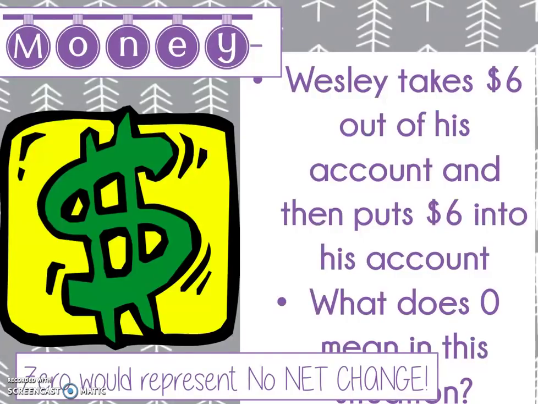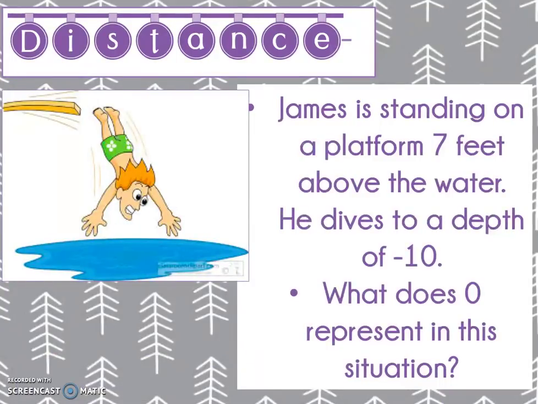Net change just means no total change in his account. Guys, go ahead and be putting these on your notes paper because you will need them on your homework later on. Since he's putting in 6 and then taking out 6 real fast, the 0 represents no change in his account.